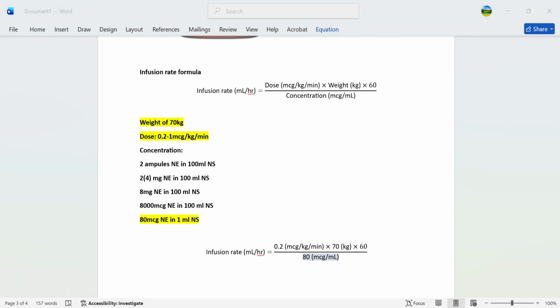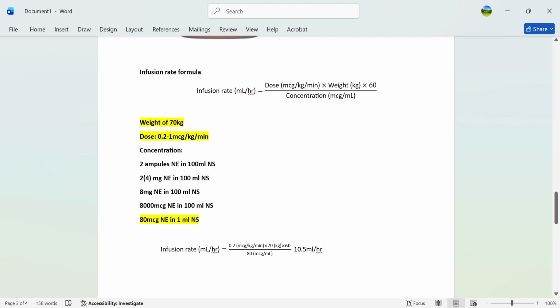Now let's calculate: 0.2 multiplied by 70 multiplied by 60 equals 840, and we will divide it by 80. So what it turned out is 10.5 ml per hour if you are using a dose of 0.2.